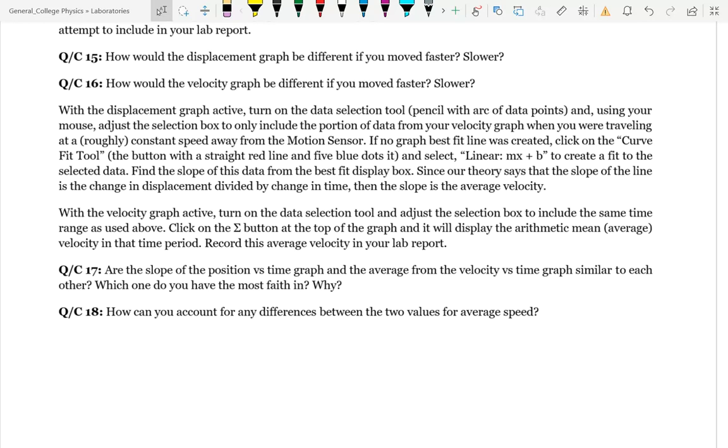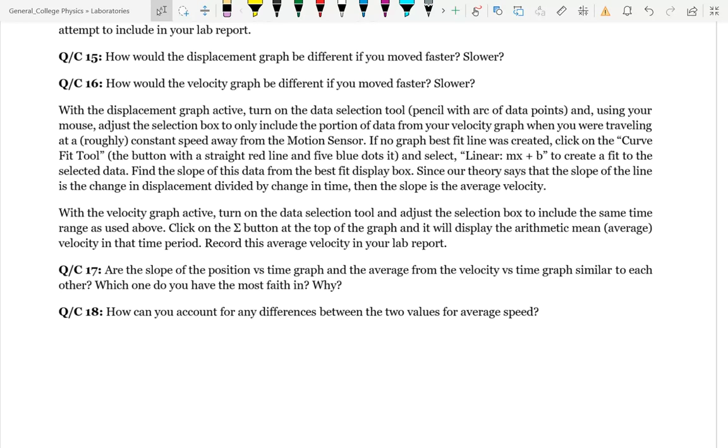Why are they different? Why is the average different from the slope? A fundamental math question rather than a physics question. Not sure? The average is taking each point and weighting them exactly the same. The slope is not.